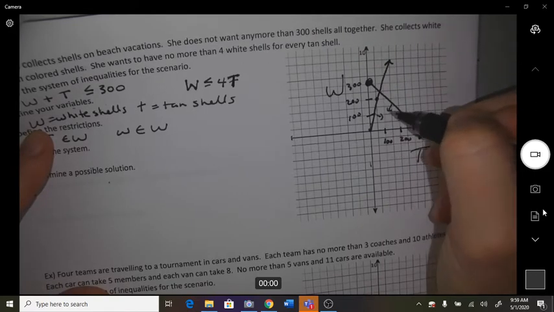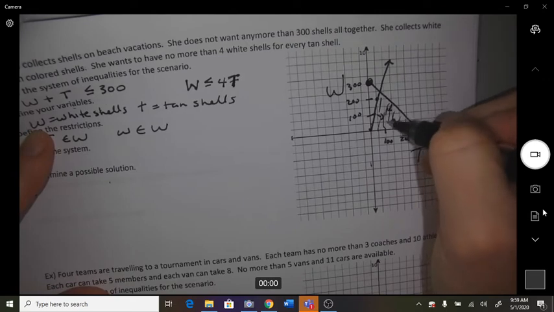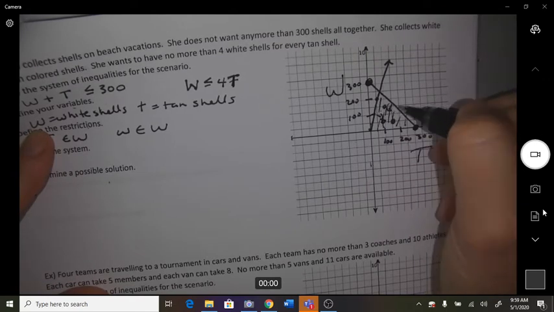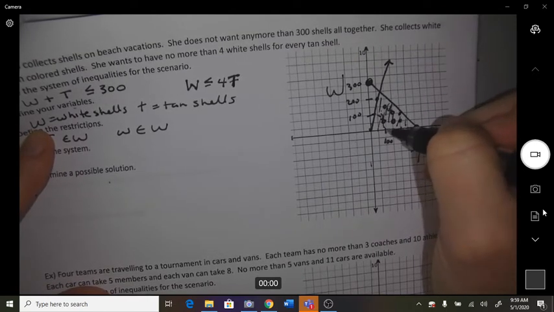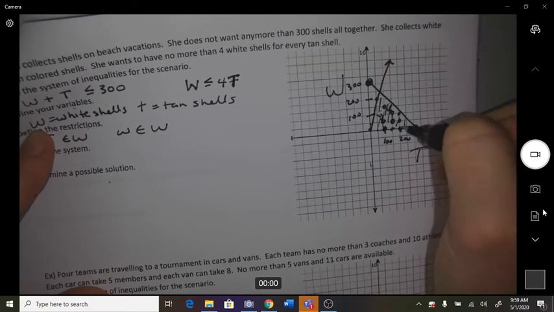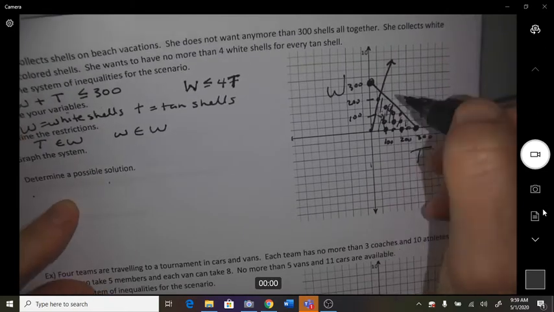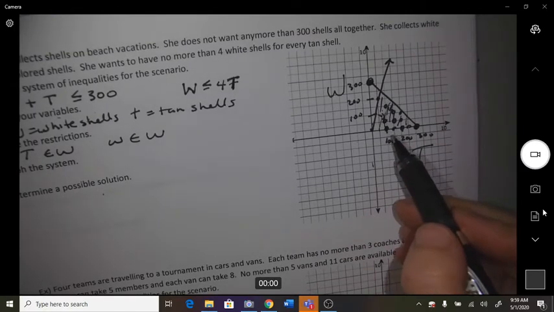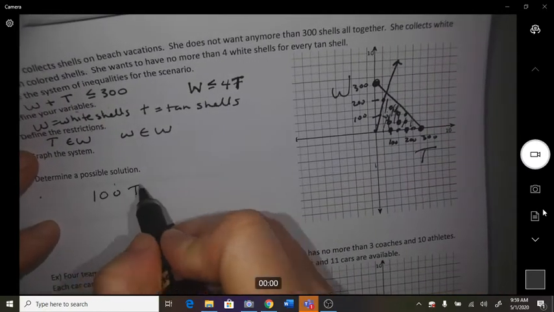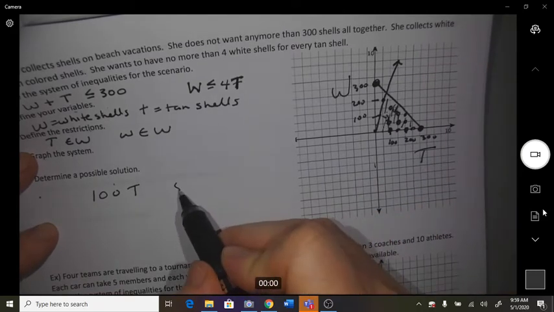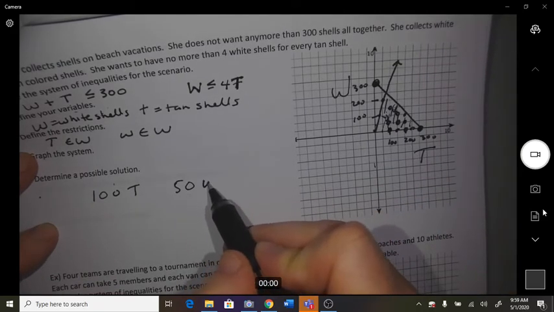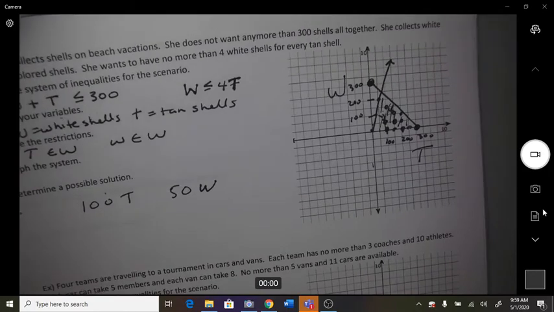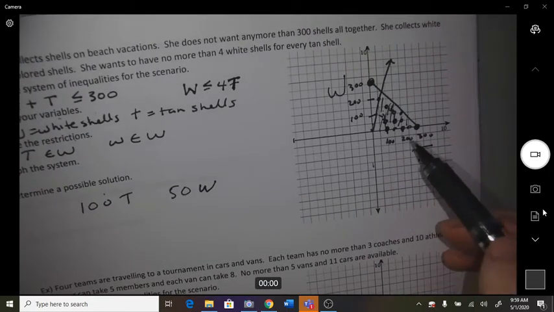We're less than that line, so we're in this zone right here, but we need to be stippled. Okay, so determine a possible solution. You could have 100 tan and 50 white. Okay, anything that would work in that zone.